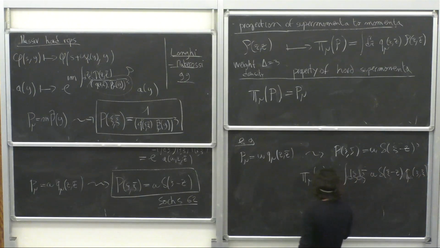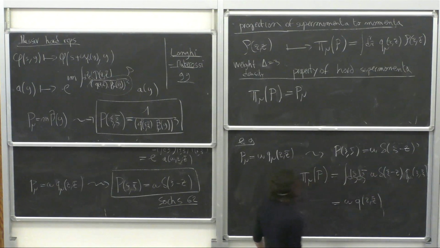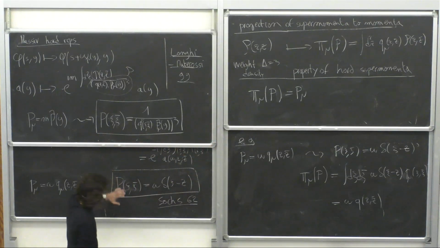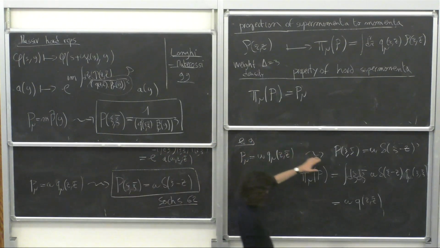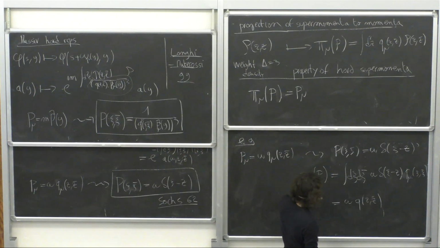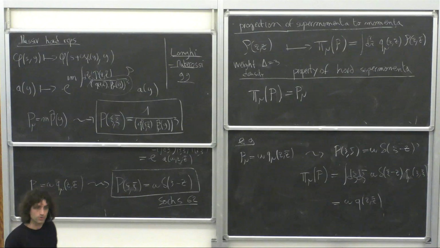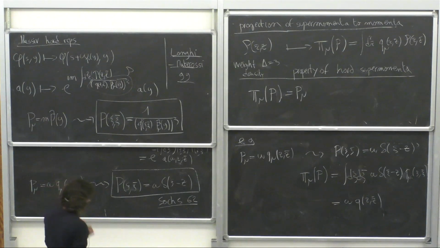Well, you recover ω q^μ of z bar. Okay, so there is this projection which is invariant, and the hard supermomenta are such that if you project on the momenta of the representation, you recover the momenta you started from. It's less obvious for the massive case, but you can check that it also works. Okay, so that's a general feature of BMS representations.